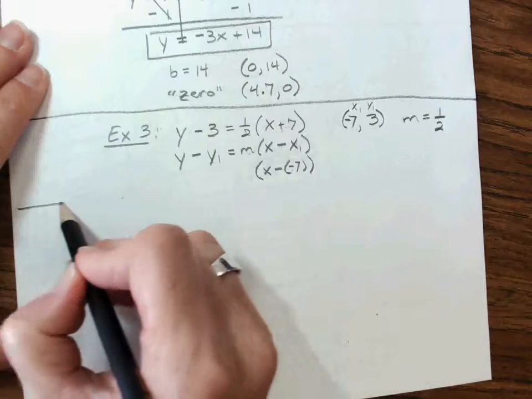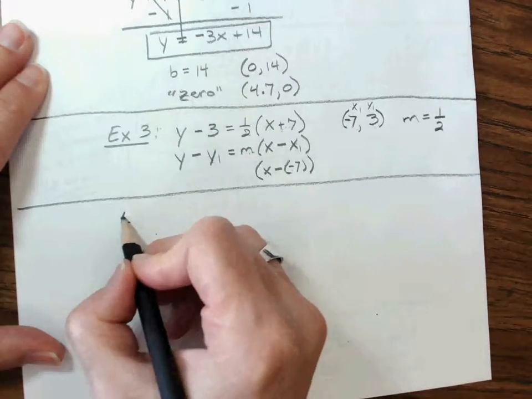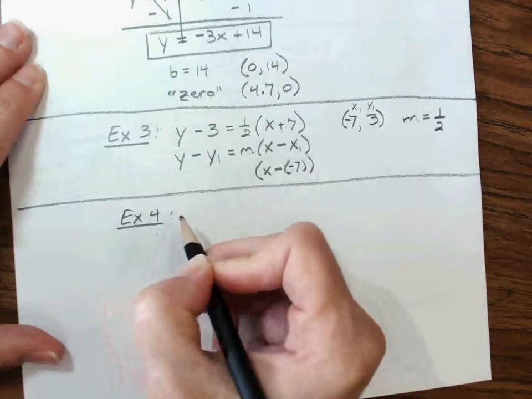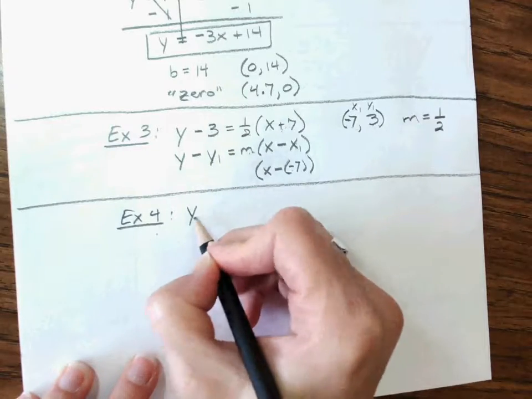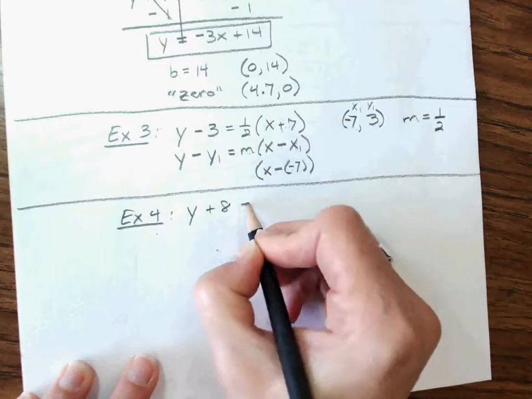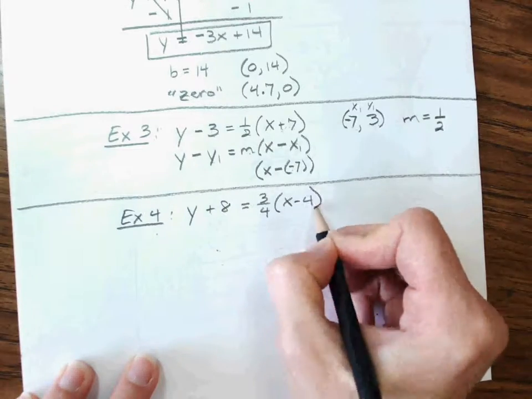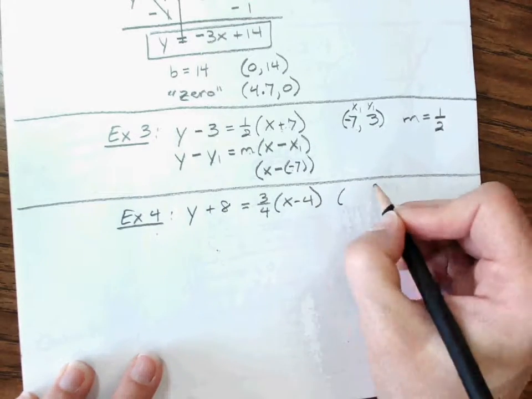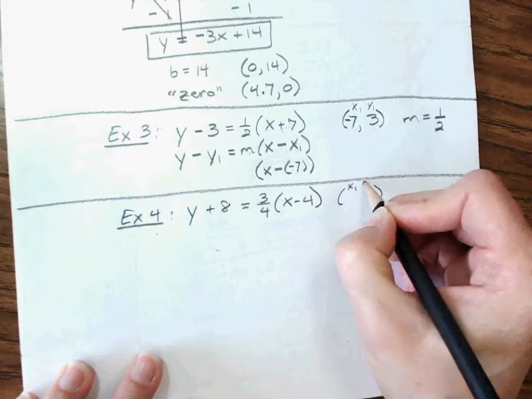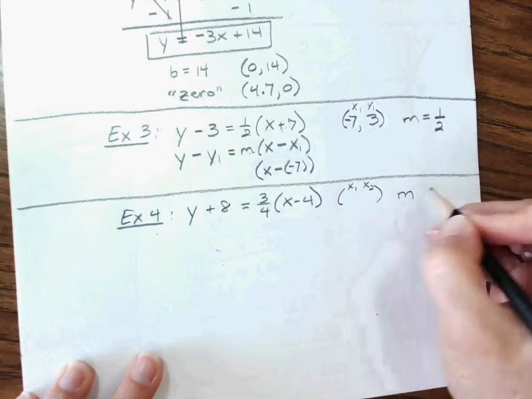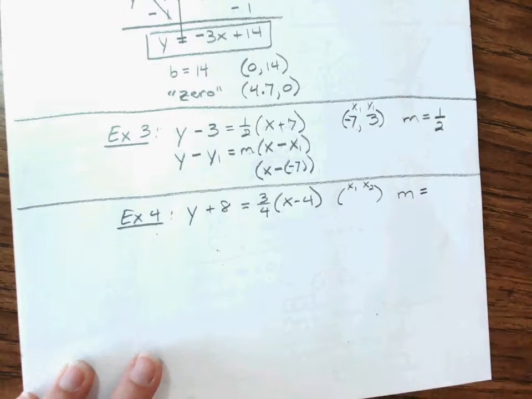Okay, so let me give you one more to try. So here's example 4, last one. y plus 8 is equal to 3/4 (x minus 4). Okay, again, I'm going to ask you for the point, and I'm going to ask you for the slope.